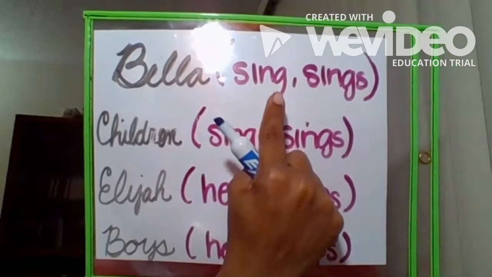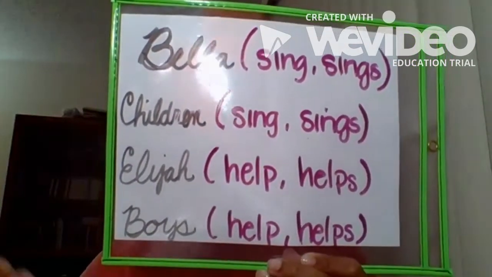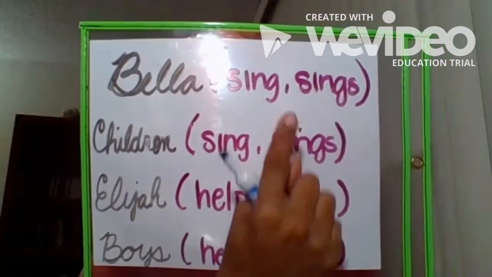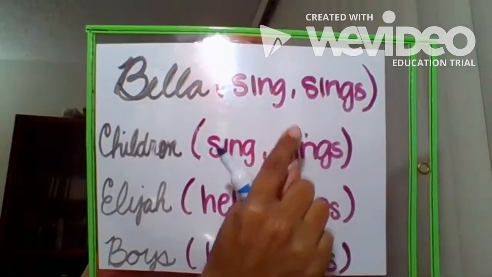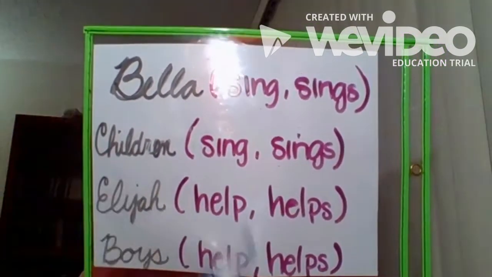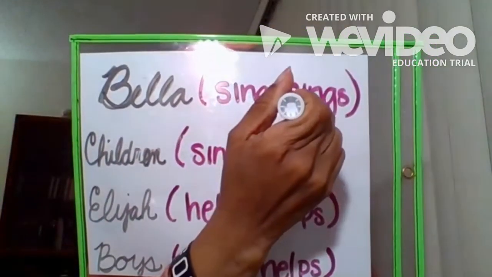So our verb is sing. So we know the agreement between the subject, which is Bella, and the verb, which is sing. Since Bella is singular, we need to add an S to the end of the verb. So we would say Bella sings.